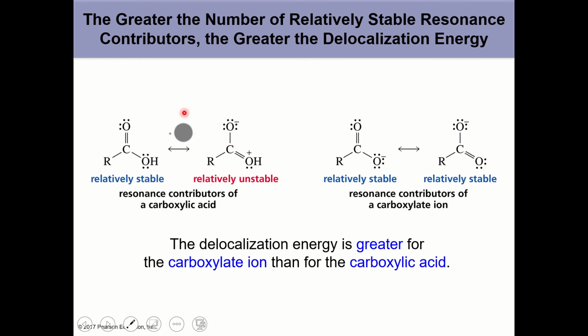So the carboxylic acid has two resonance contributors, and the deprotonated carboxylate ion has two resonance contributors. But it turns out that the carboxylate ion has greater delocalization energy, and that is because the resonance contributors are more equal.